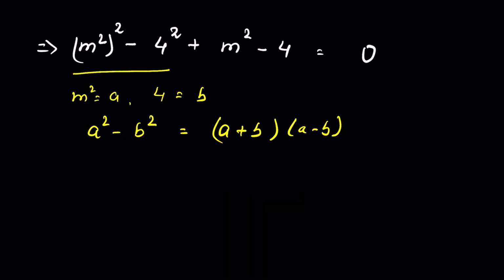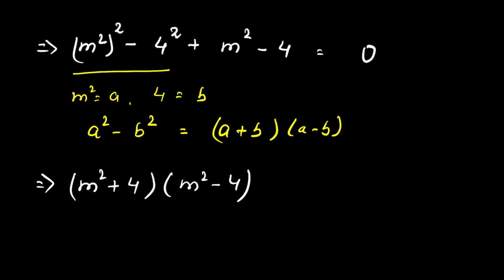So we can write here m square plus 4 times m square minus 4, then plus m square minus 4, and we can write it as times 1, is equal to 0.